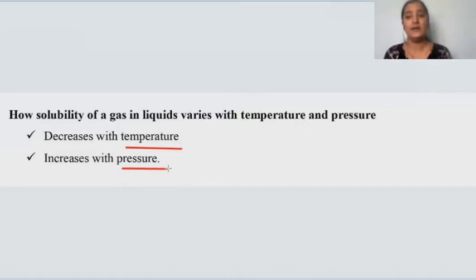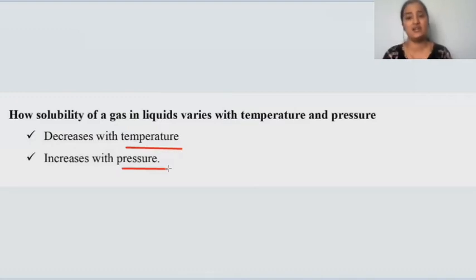Here you are applying pressure on the solution. When you apply pressure, the gaseous solute particles present in the solvent are compressed. Compressed means they are made to stay in the solvent itself.